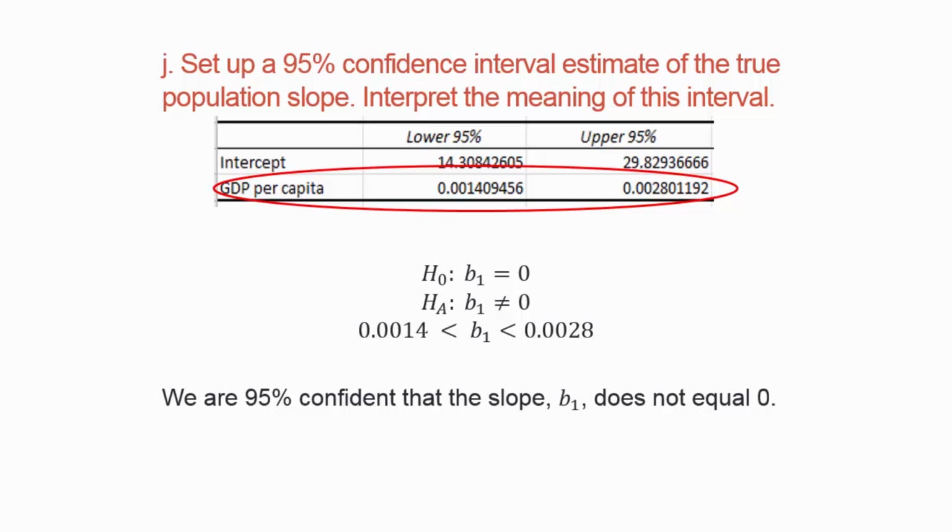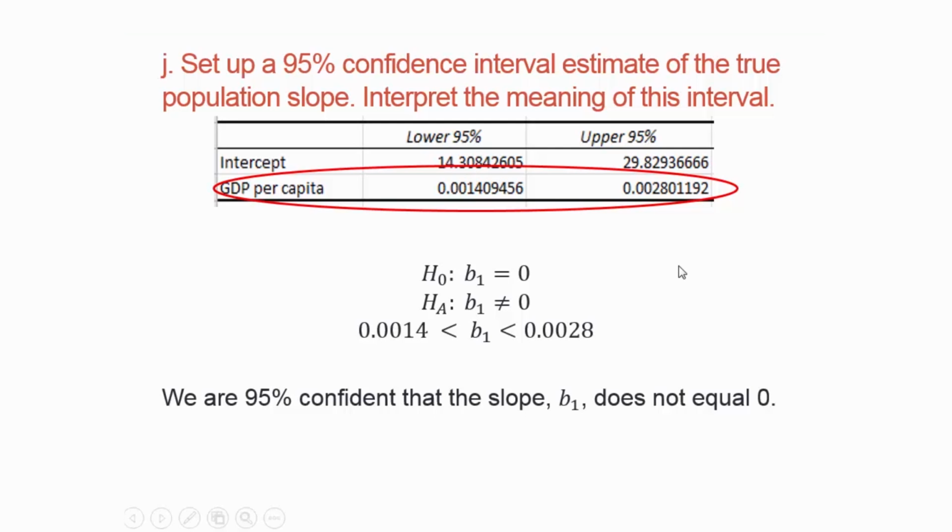I have 95% confidence that the amount of increase will be somewhere between these two numbers. The slope B1 does not equal 0, and it is somewhere within this range. Because the interval does not include 0, I'm pretty confident that the slope is not 0. Okay? And finally, that's it for that.